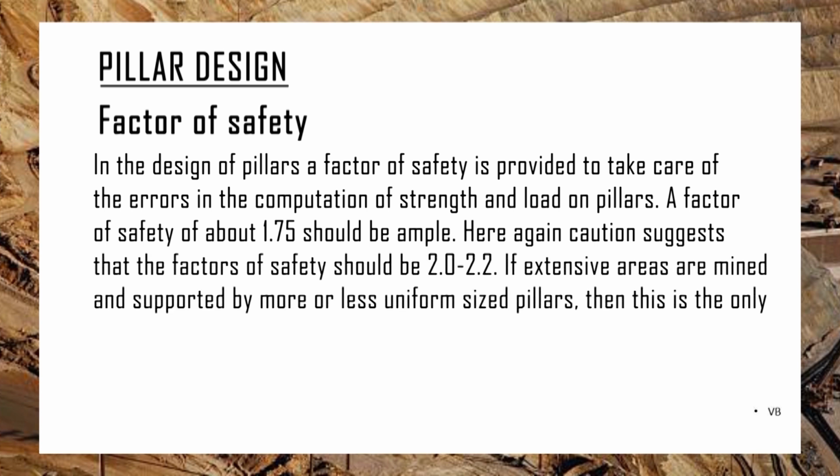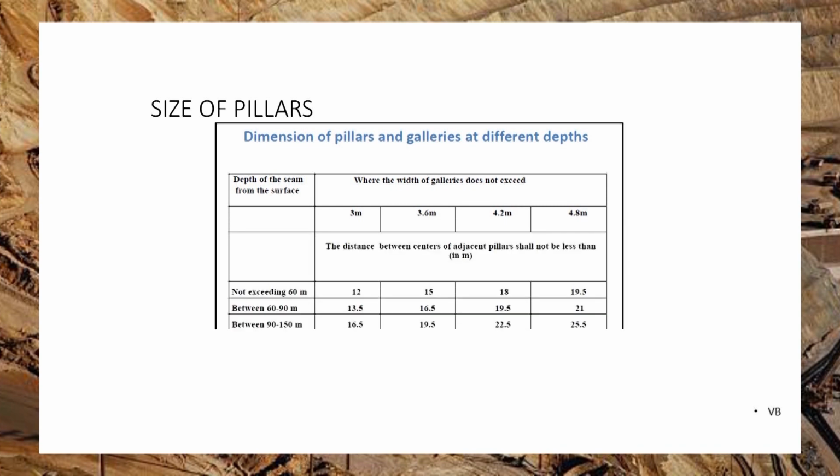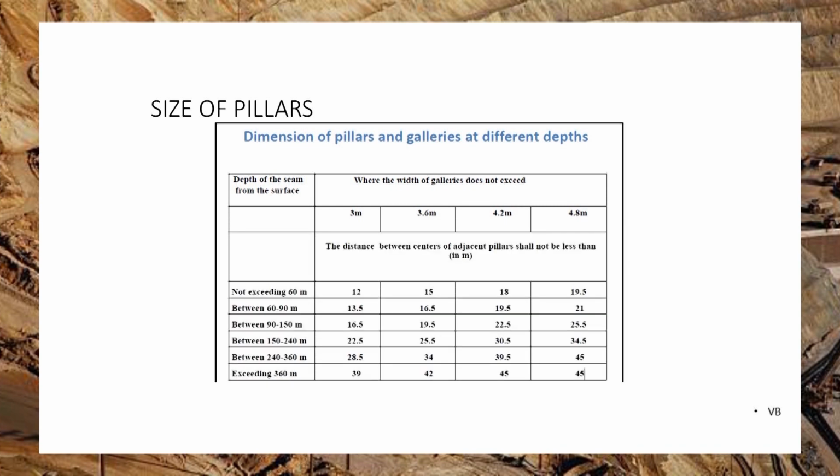A factor of safety of about 1.75 should be adopted here. Another caution suggests that the factor of safety should be 2.0 to 2.2 if extensive areas are mined and supported by more or less uniform size pillars, as this is the only available approach to the design. Next, dimension of pillar and gallery at different depth.